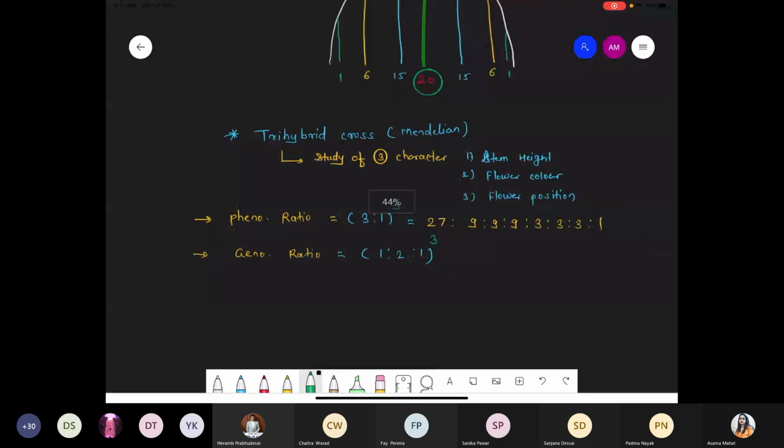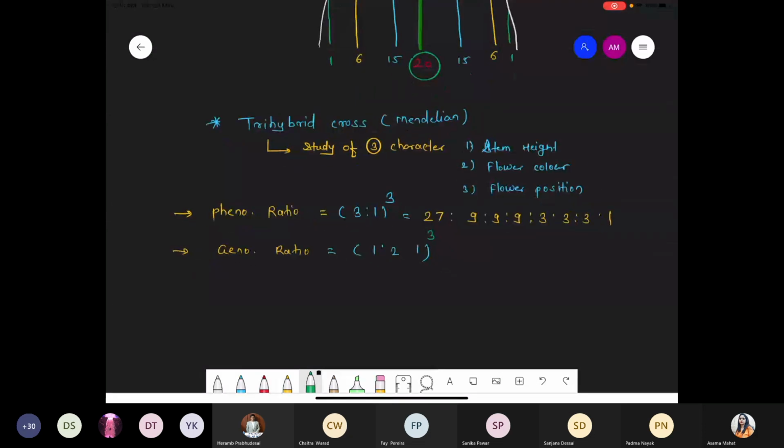Sanika, what is the phenotypic ratio for the monohybrid cross? 3:1. Which cross is this? Trihybrid. So you just have to write (3:1) raised to 3. That's it. This 3 represents the trihybrid cross. When you solve such a question, you will get such an answer.